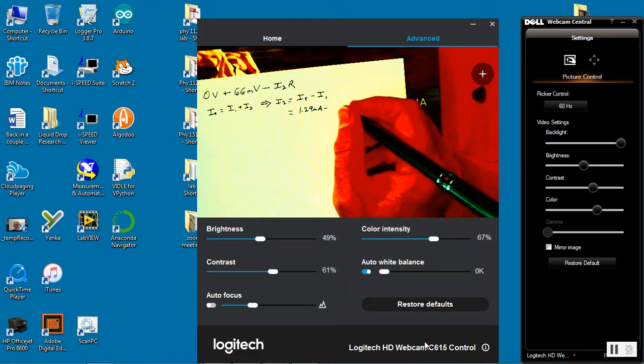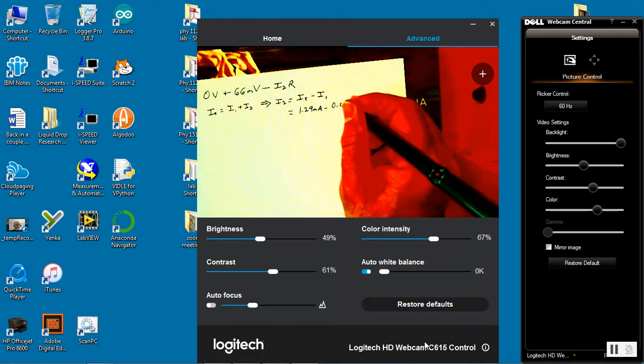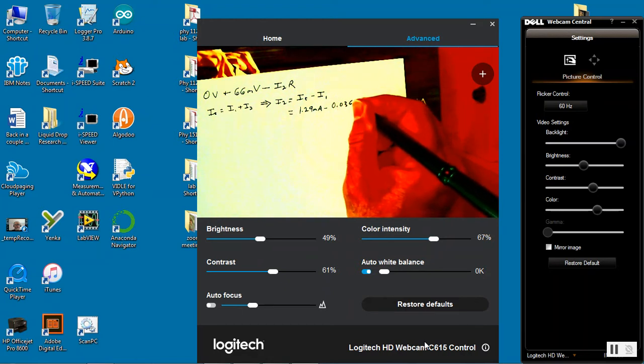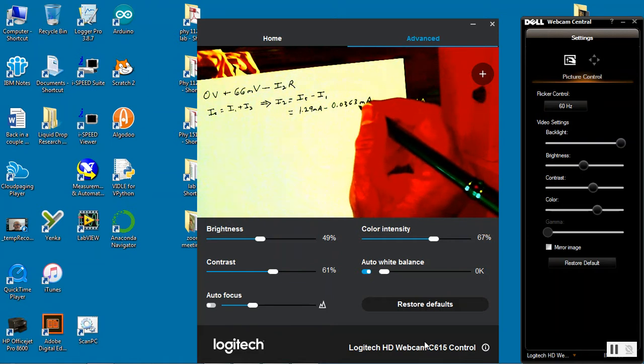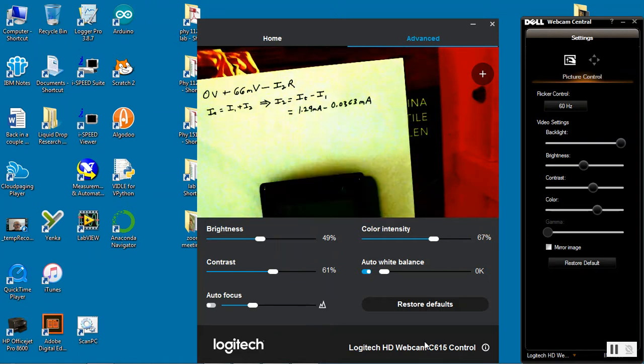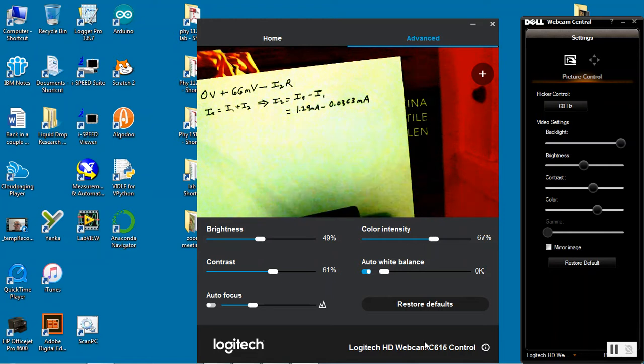And the current through 1 was 0.0363 milliamps. And I get 1.25 milliamps.